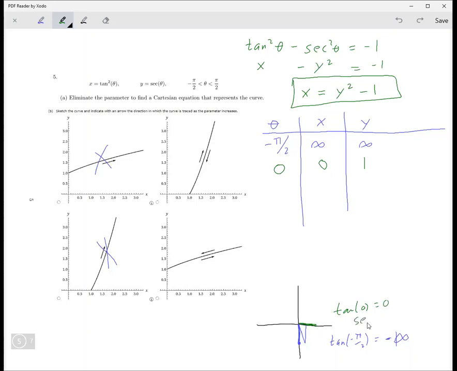The secant of 0 is the x value divided by the hypotenuse, and they're both the same, so that's going to be 1. It's also 1 over the cosine, and the cosine of 0 is also 1. So 0, 1 is going to be on the curve. This is 0, 1 right here.